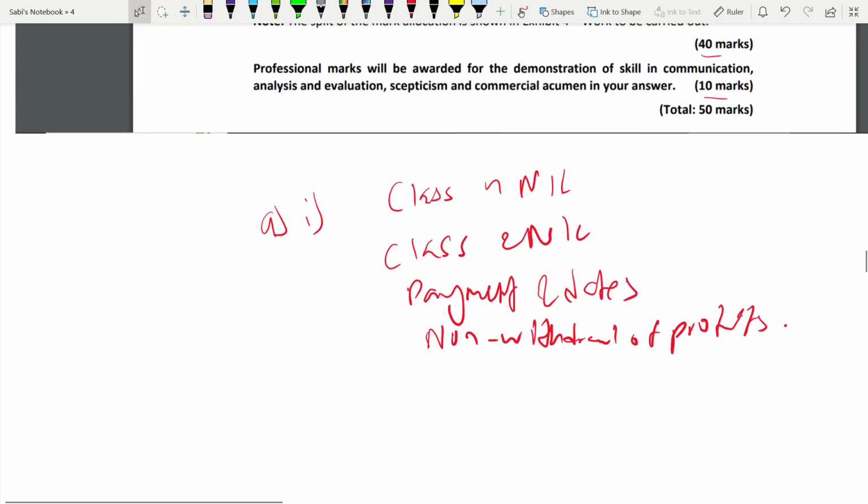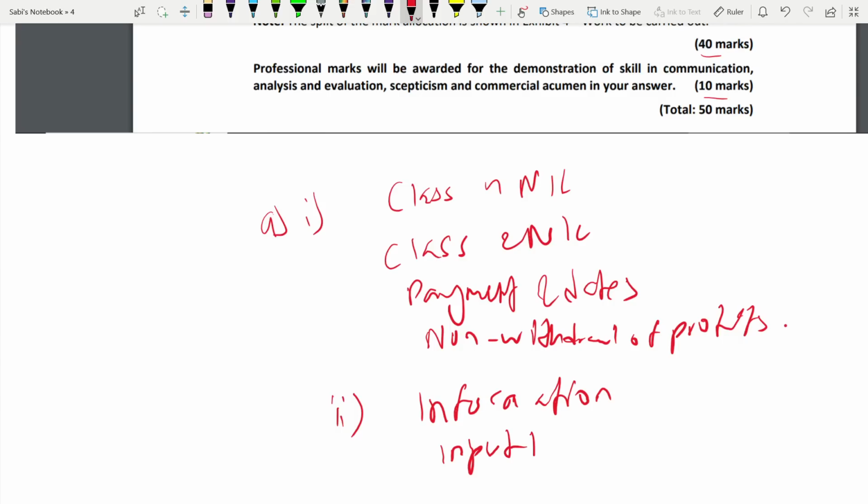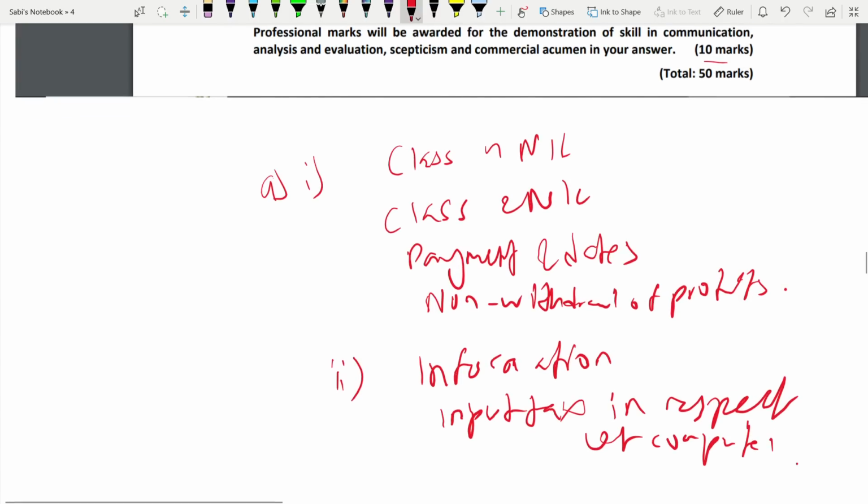Next part, information that you are required, that is how much you have paid in LOC for the house, and input tax in respect of the computer, whether you can recover or not. Pre-registration input.